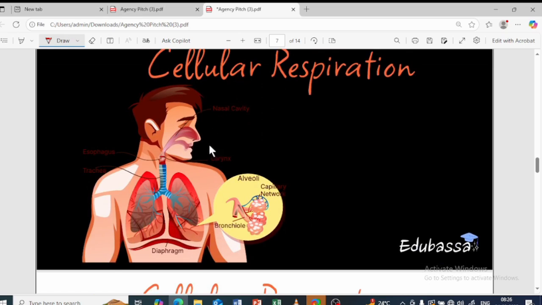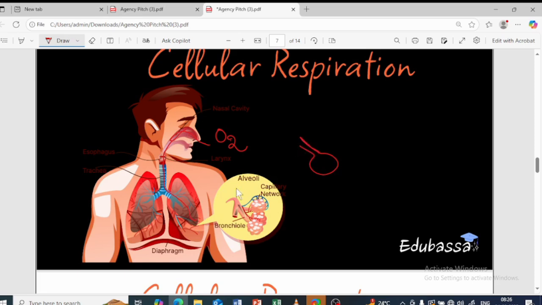So this is how cellular respiration takes place, I'll tell you. Through the nose, what will we be breathing? Oxygen. So this oxygen enters here, this is the windpipe, and it enters here, this is basically the bronchioles. At the end of it, it terminates like this.